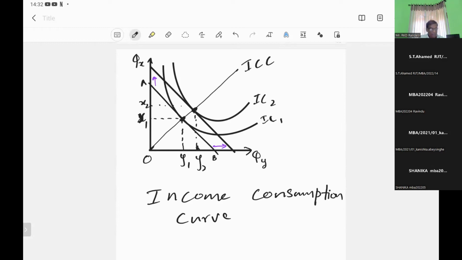Now there is a PowerPoint. You can go to the PowerPoint and review the income consumption curve. The income consumption curve shows the optimum equilibrium combination of two commodities at different income levels, when the prices of the two commodities remain constant. For this graph, the price of X and the price of Y are constant, while the consumer's income is increasing.